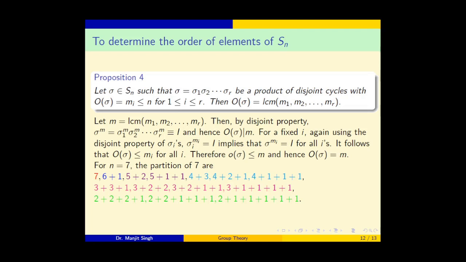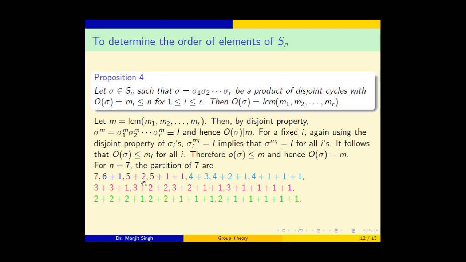Why am I showing these partitions? Actually every permutation in Sn can be written as a product of disjoint cycles, and the cycle lengths in S7 can be 7, or 6, or 5 plus 2, or 5, 4 plus 3, 4 and 2.